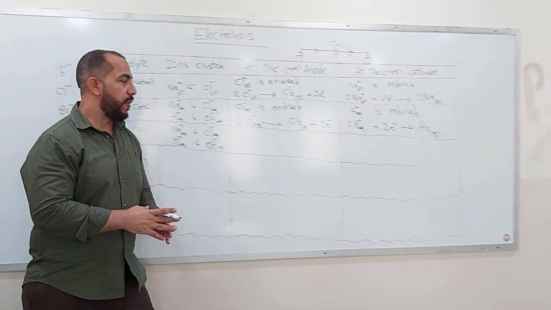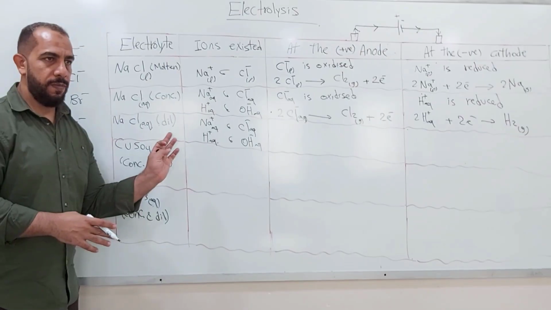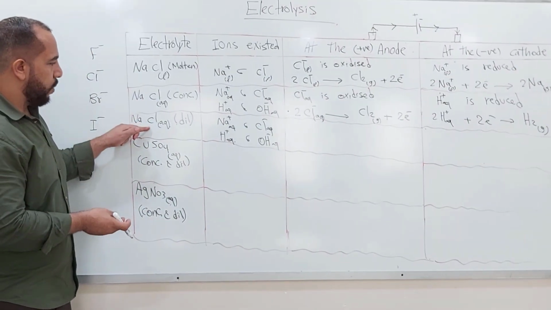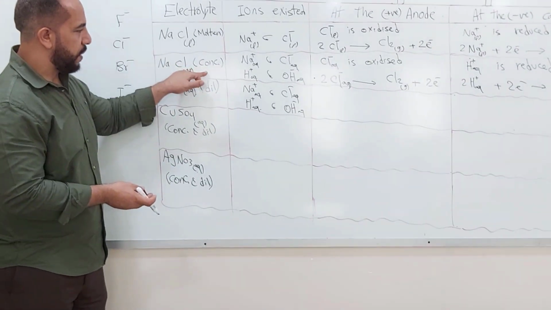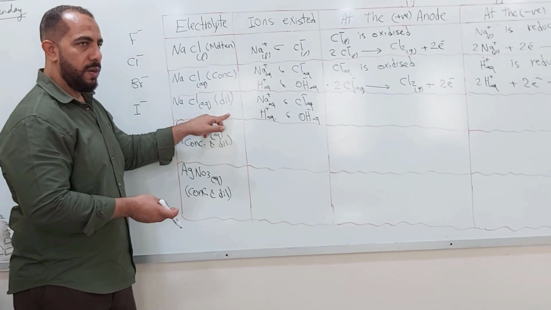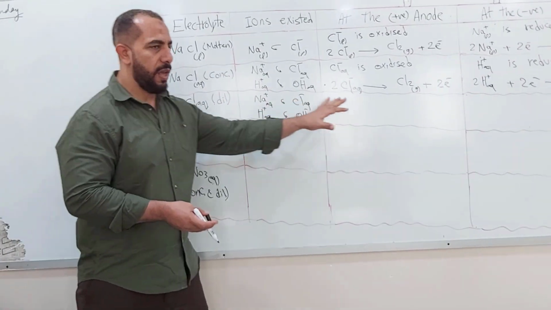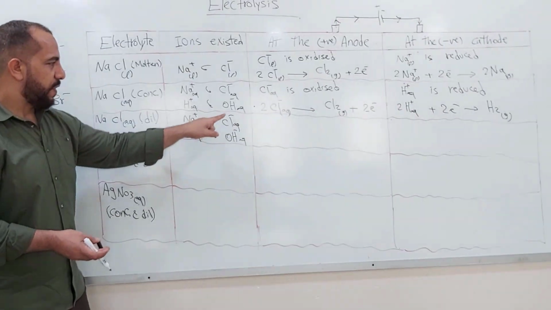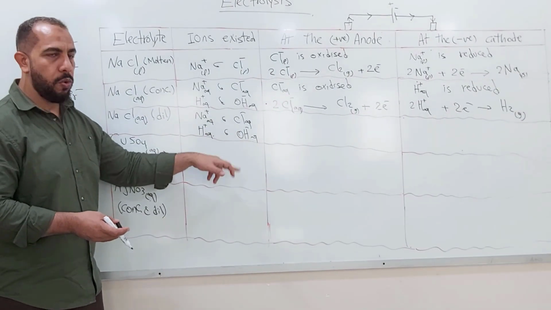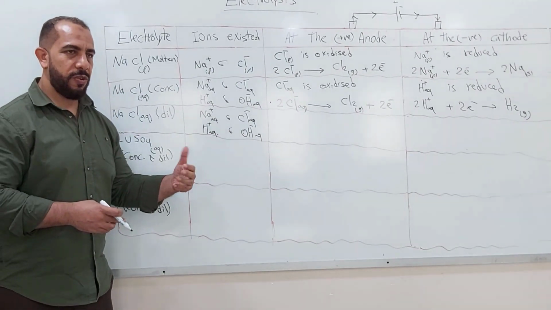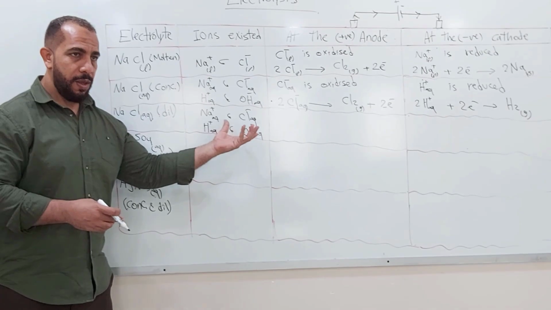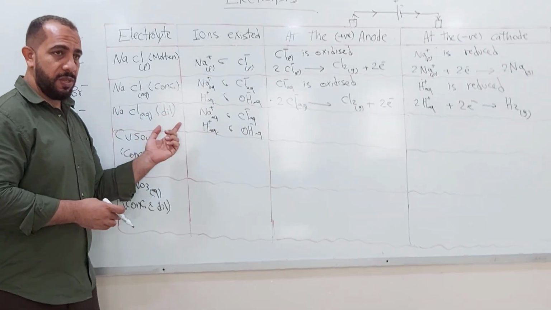So here is the difference in case of diluted. Take care, this is the same electrolyte, but this is concentrated, this is diluted. The only difference here, guys, is at the anode. Here we have the same competition between Cl and OH. But now OH wins. See why? Because this solution is diluted.